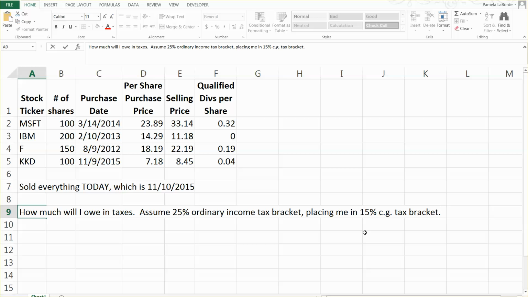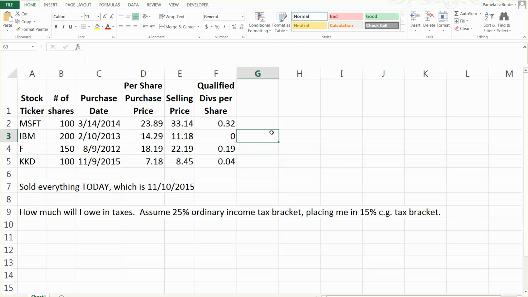But again, I will pay this 15% capital gains tax rate on my qualified dividends, and I'm assuming all my dividends are qualified, and on my long-term capital gains. On short-term capital gains, I have to pay the 25% ordinary income tax bracket. And if I had any unqualified dividends, I would also pay 25% on those, but I'm not assuming we have any unqualified dividends.